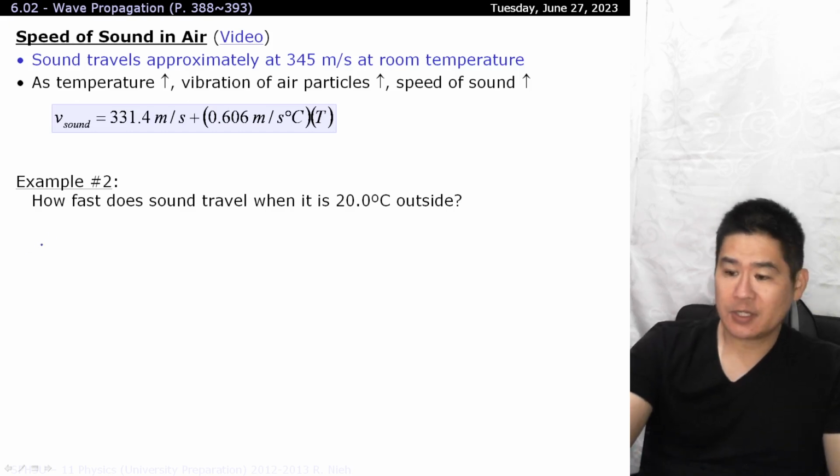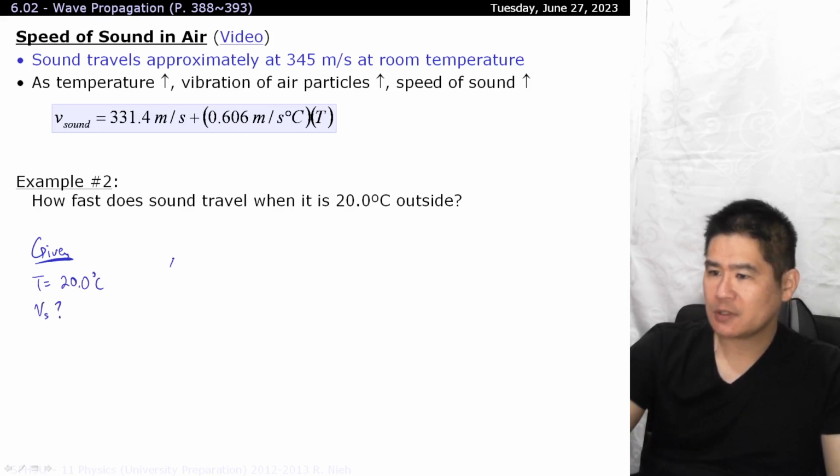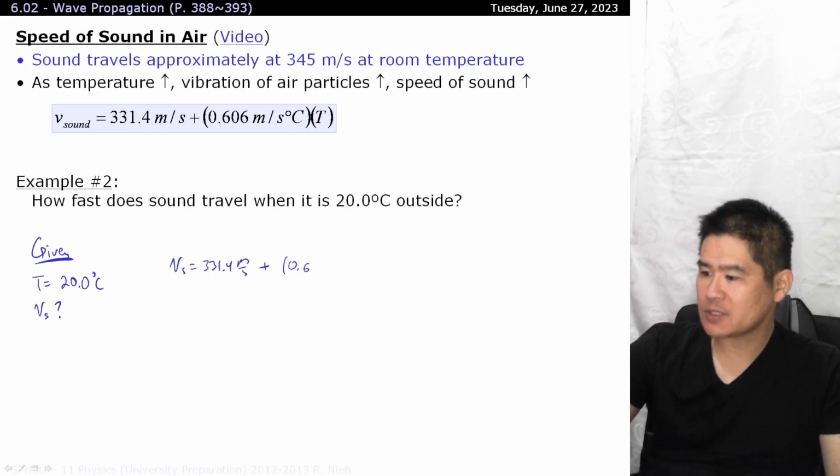If you were to solve this as any typical word problem, start off with your givens. Your temperature is equal to 20.0 degrees Celsius, and we're just trying to solve for the speed of sound. So the speed of sound is equal to 331.4 meters per second plus 0.606 meters per second per degree Celsius times the temperature.